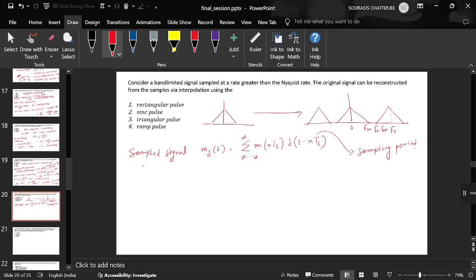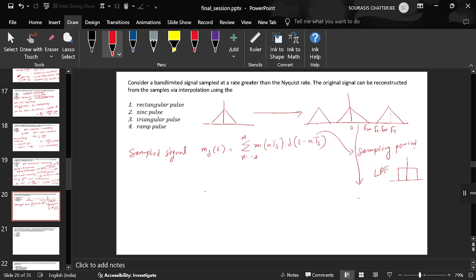For original signal reconstruction, you are going to pass this through a low pass filter, right? It is basically characterized like this, centered around the baseband.